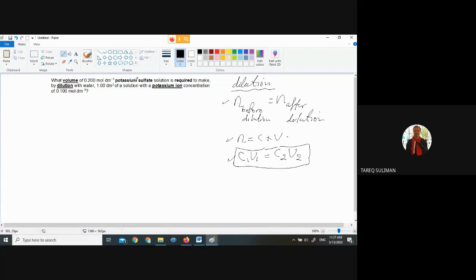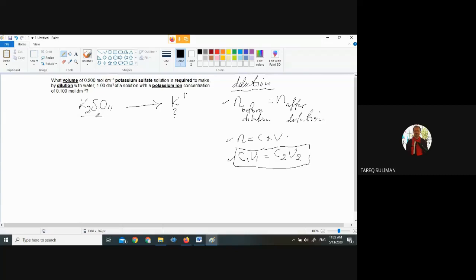Here we have potassium sulfate, and what is potassium sulfate? K2SO4. And they ask us what is the volume of 0.2 to give to make 1 decimeter cube solution of what? Potassium ion.